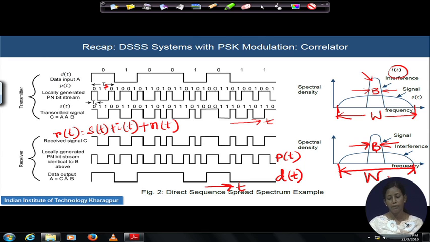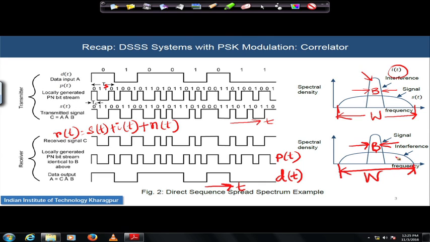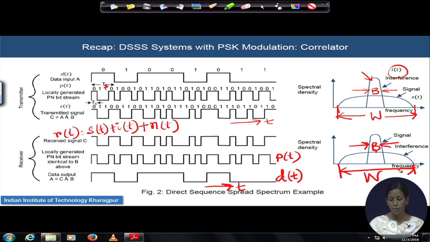And going by the constant gain-bandwidth product, whenever the bandwidth is expanding, the power of that signal comes down. So, you can see that the technique gives an inherent resilience with respect to interference, because the power level of the despread signal in the receiver is much higher than the maximum power level of the interference.